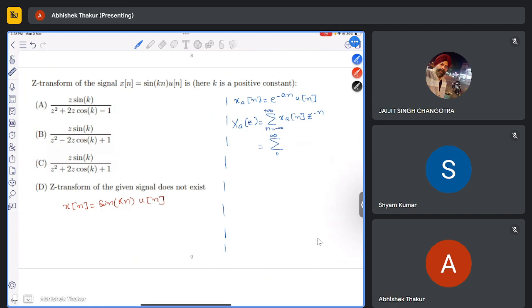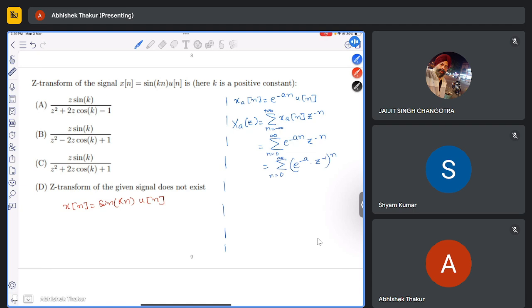And xa of n is e to the power of minus a n, z to the power of minus n. So we can write this as the summation of e raised to the power of minus a into z to the power of minus 1, the whole raised to the power of n.